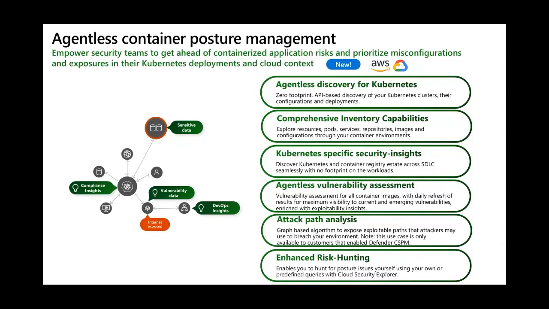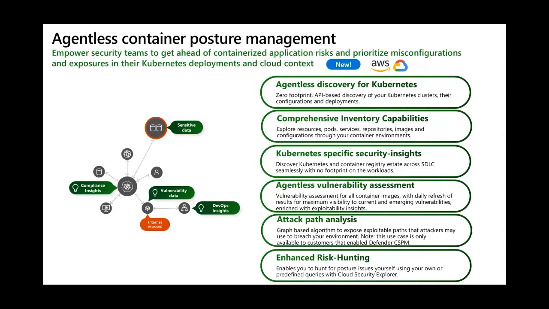And because we're able to discover the Kubernetes cluster without an agent and get that comprehensive inventory, as well as perform the vulnerability assessment scanning at the image level, we're able to use this information to help detect any exploitable paths that an attacker may take to perform lateral movement in your environment.